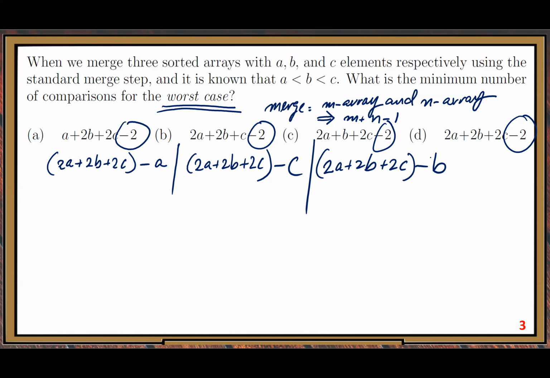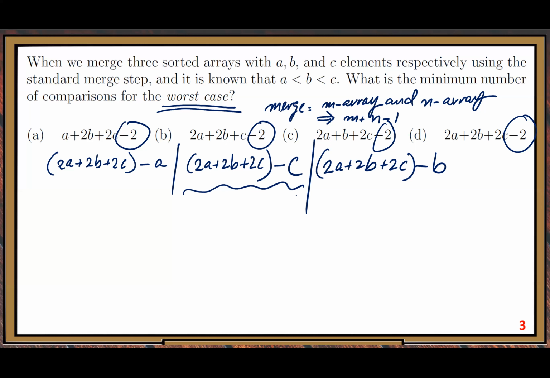So definitely the smallest one comes from one of the 3 expressions. Which one is smallest? This one is smallest, because you minus the largest number. The parenthesis number is the same in these 3 options, but this one, you minus the largest number here. So option B is the smallest one, but we don't know if we can achieve that or not.